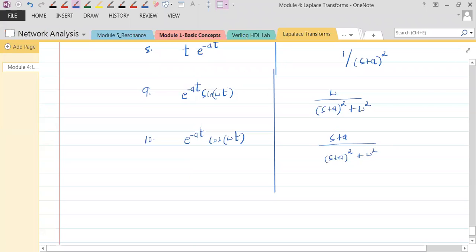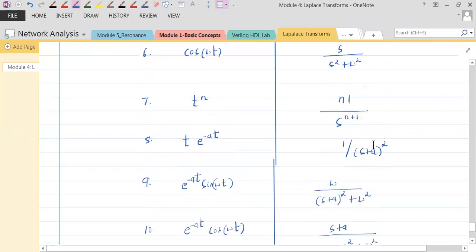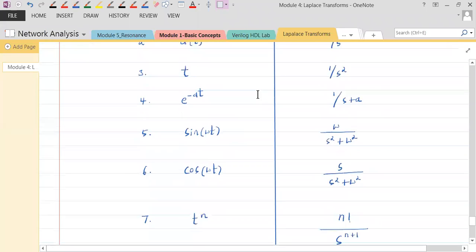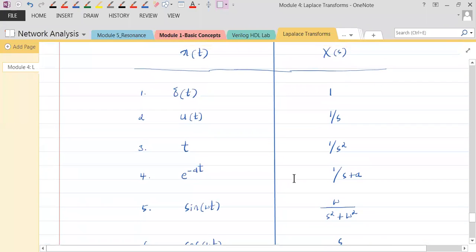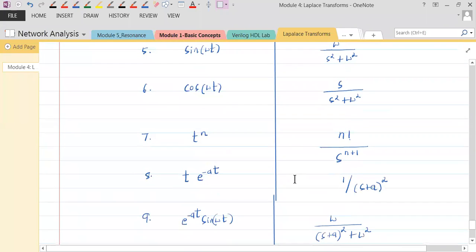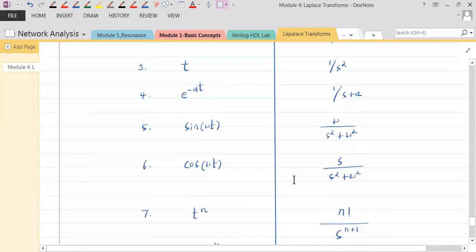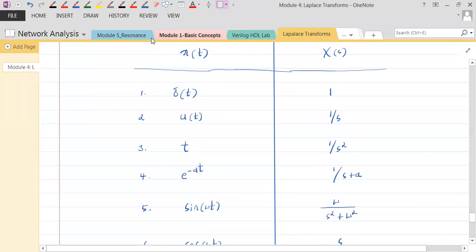So these are some standard basic signals and their combinations, and the Laplace transforms of these. Fine. So you need to have this list as your reference, because it would be helpful if you have this list with you. You may be asked to derive this.